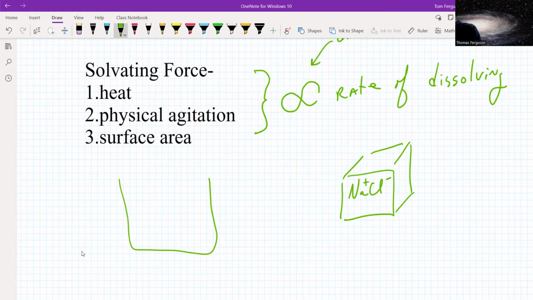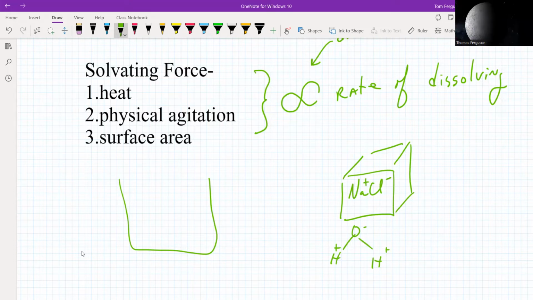So all three of these are related to how often can I get that water molecule to bump against the crystal? Because it's a surface phenomenon. That's why when we increase the surface area, the chances of it bumping into that salt crystal are much higher.